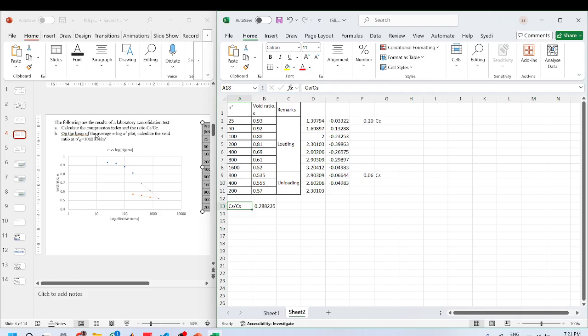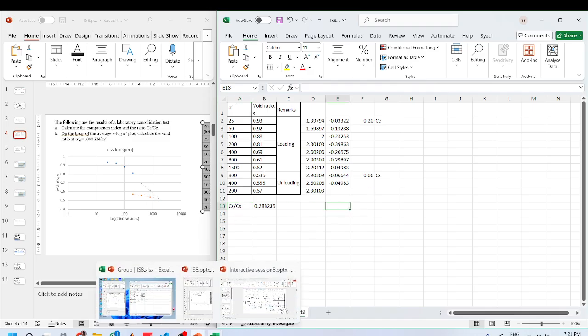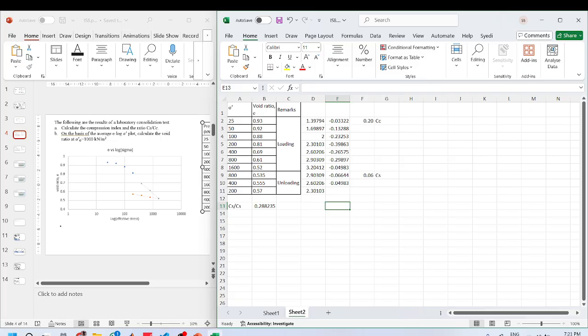Okay. On the basis of the average e-log sigma dash plot, calculate the void ratio at sigma naught of 1000. So we can interpolate it here. We can use the formula even. We got the Cc as 0.2.